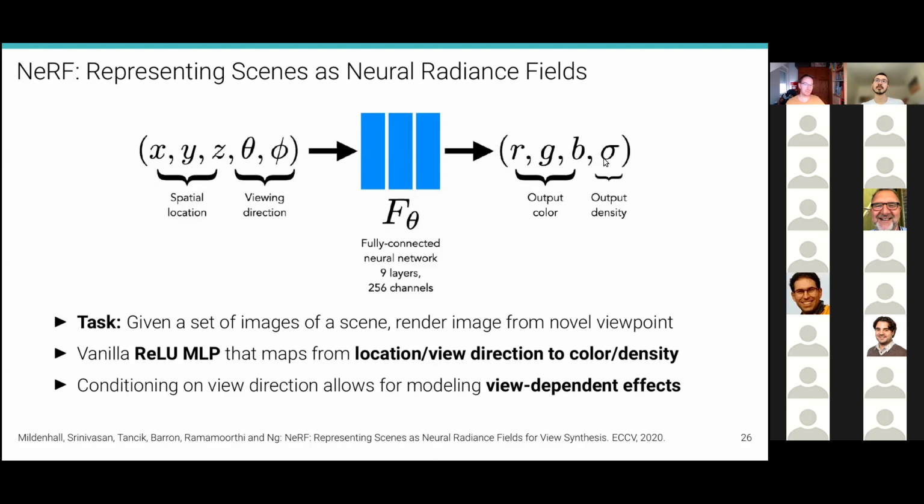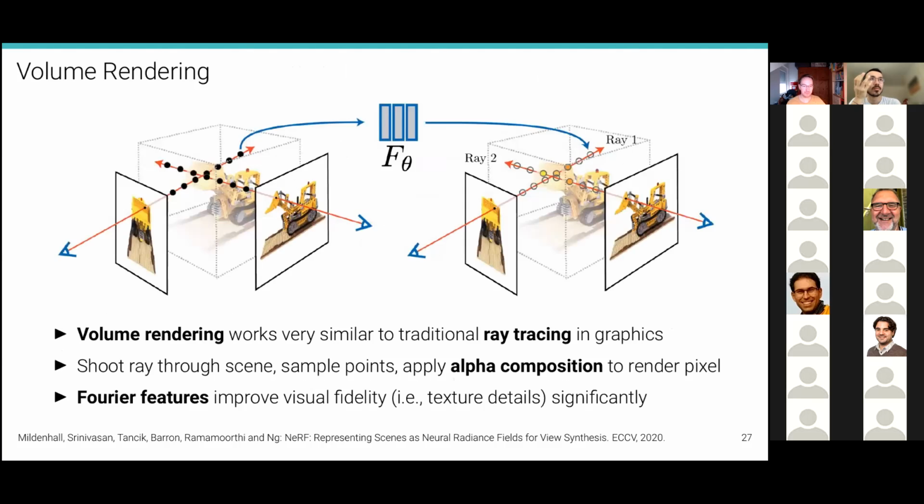And in contrast to the surface rendering that I've showed before, they're using volume rendering. Volume rendering works very similar to traditional ray tracing in graphics. Instead of finding the surface point exactly, you shoot a ray, and then you march through the scene and sample points along that ray, and you query the neural network for the RGB color and the density, and then you simply do alpha composition in order to get the pixel color.